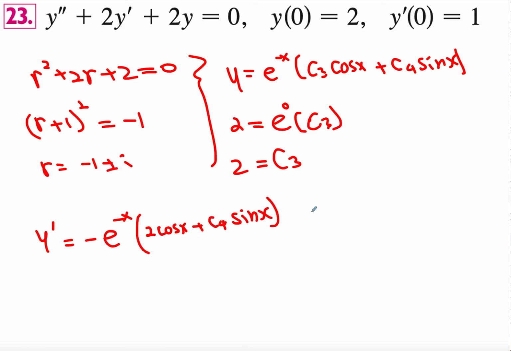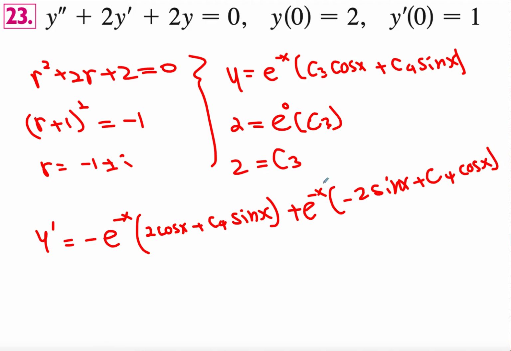Now when you take the derivative of the inner portion, we get plus e to the negative x times negative c sub 3. c sub 3 was equal to, in fact, 2. So we get negative 2 sine of x plus c sub 4 cosine of x.